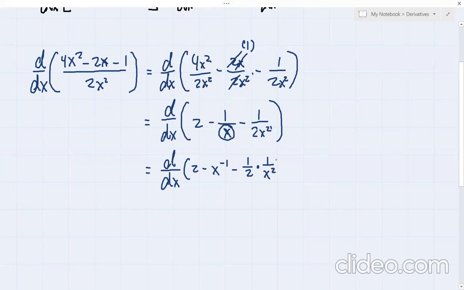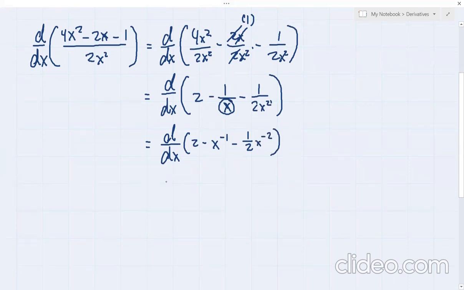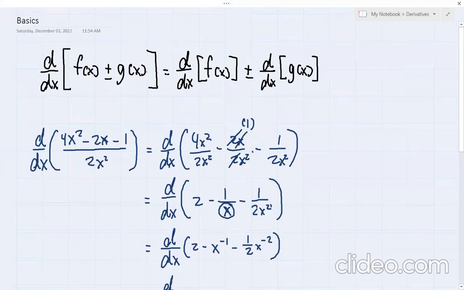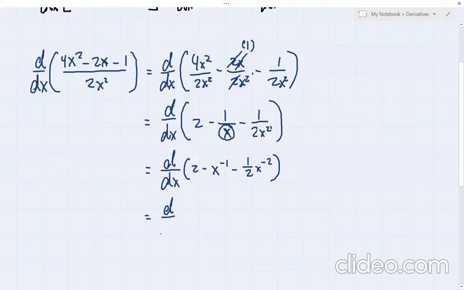Okay? Napaghiwalay na yan. Then itong si 1 all over x squared, pwede mo na siyang i-reciprocate. So magiging 1/2 times x raised to negative 2. Ayan, that's it.